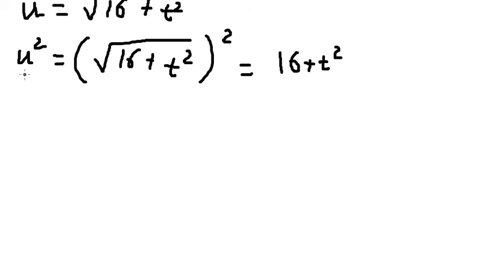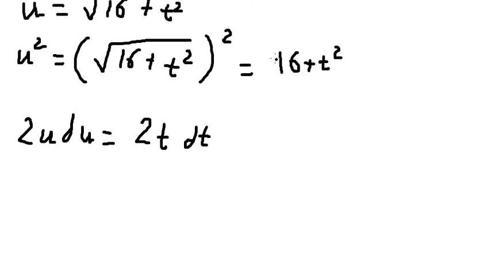Next, we need to do the first derivative of both sides. The first derivative of u squared is 2u du. The first derivative of t squared is 2t dt. This one is a constant, so if we do the first derivative, you get 0. Later, we divide both sides by 2.